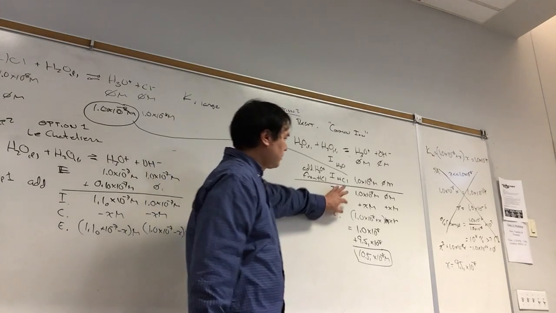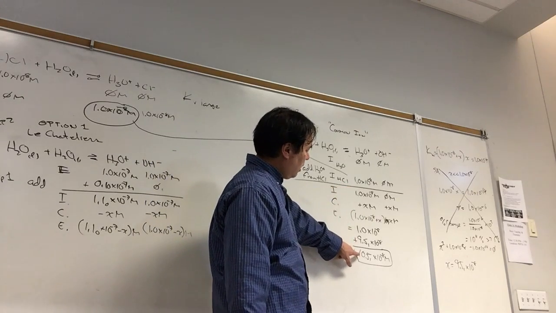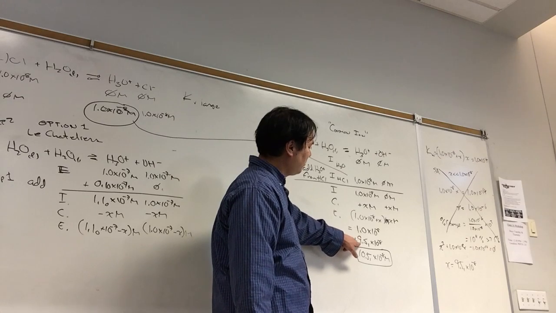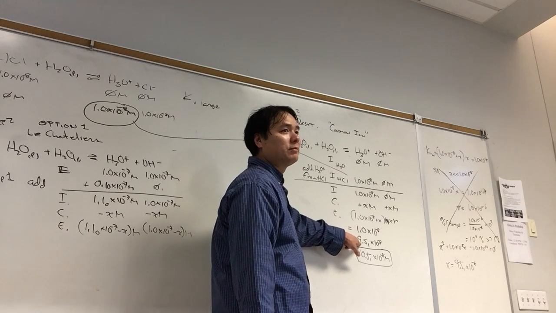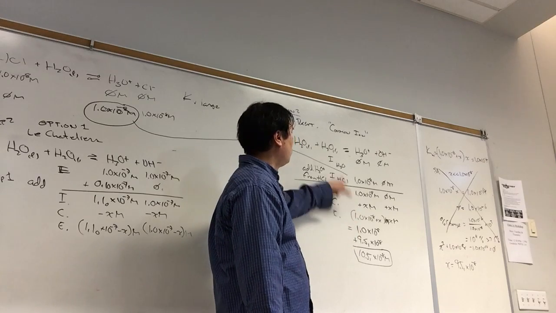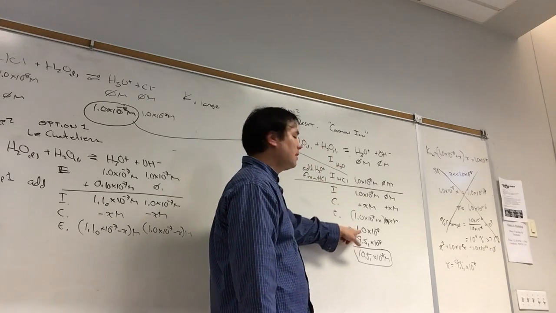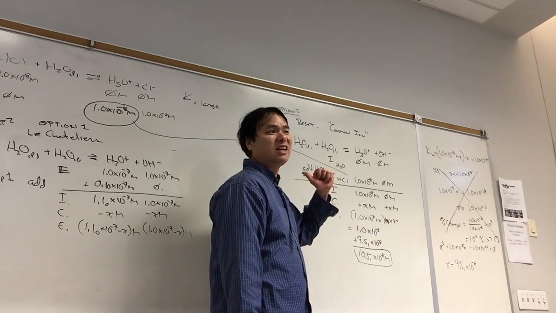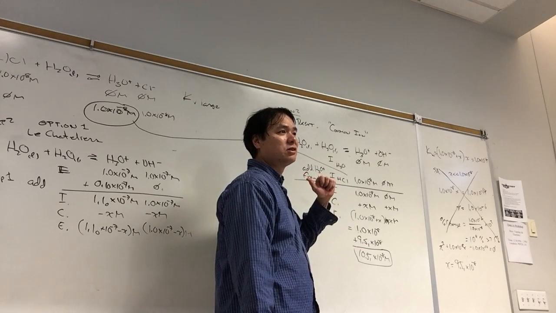So roughly 95% of the hydronium came from water, and only about 10% of the hydronium comes from the HCl in this solution.